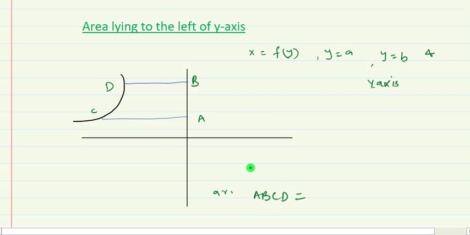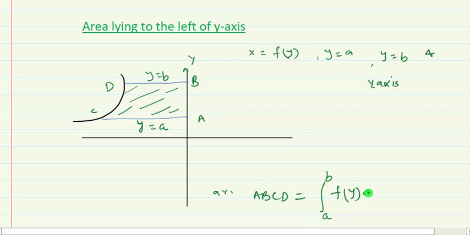This is y is equal to a, this is y is equal to b, the y-axis is over here, and the curve. So this is the bounded area, clearly ABCD. This is given by the limit from a to b f(y) dy with a negative sign. If the area which we require is lying towards the left hand side of the y-axis, then a negative sign will appear with the area.